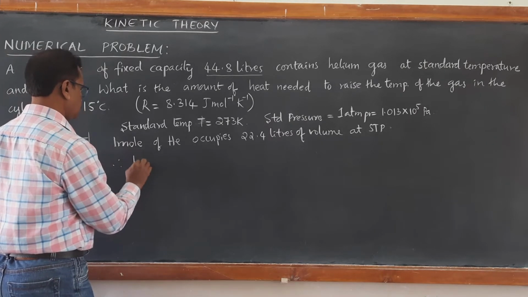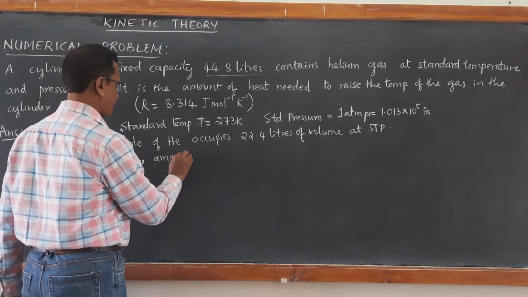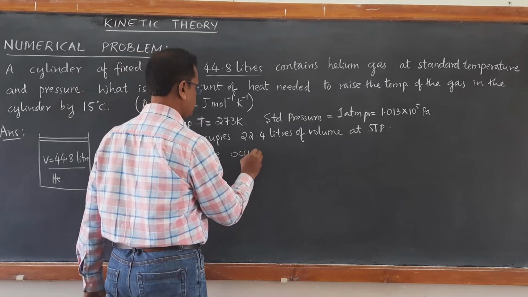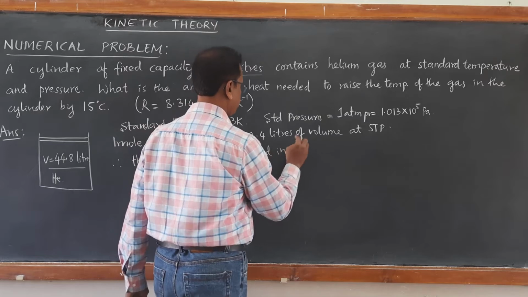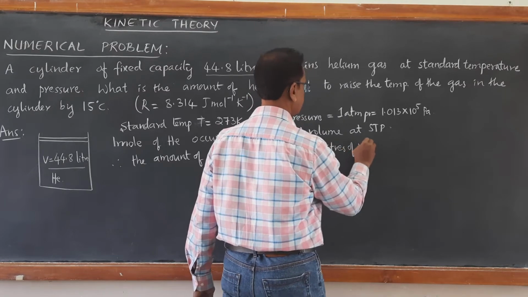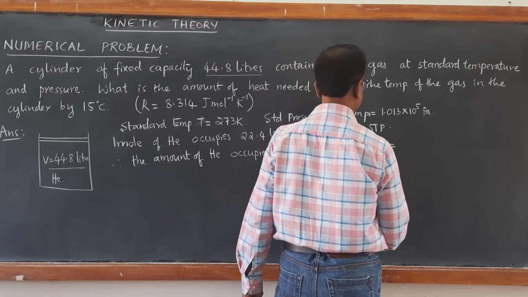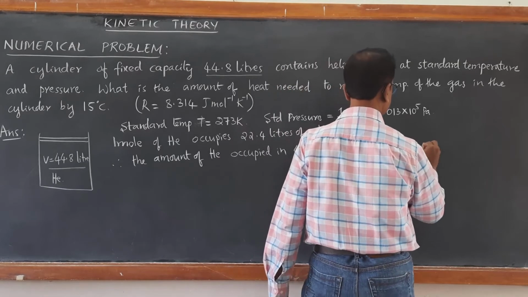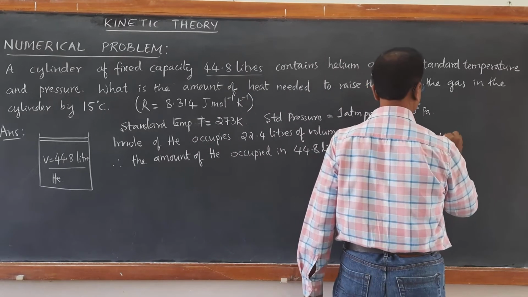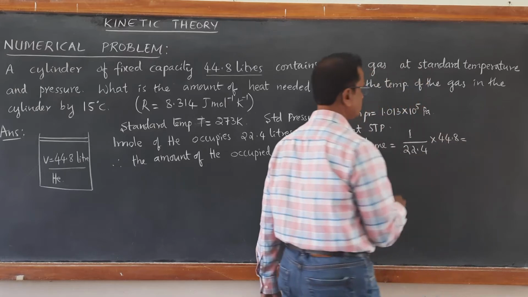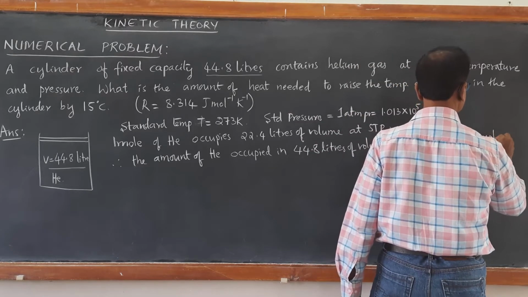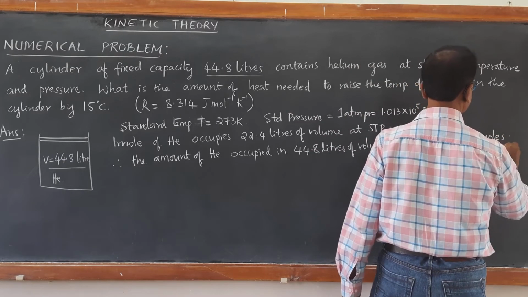Therefore, the amount of helium in 44.8 liters of volume: 22.4 can hold 1 mole, therefore for 44.8, it is 2, so it can hold 2 moles of helium gas.